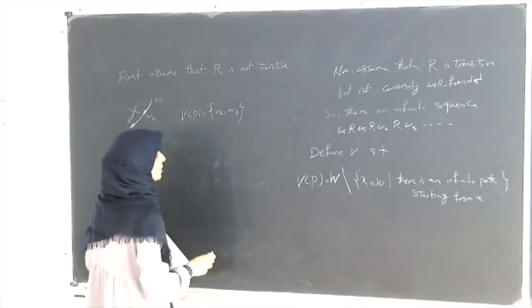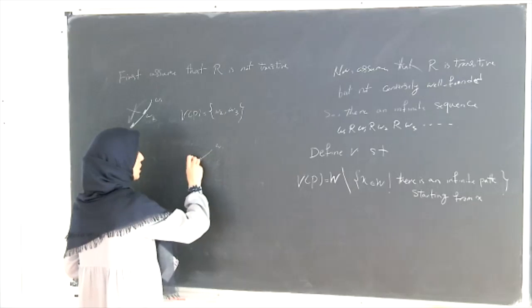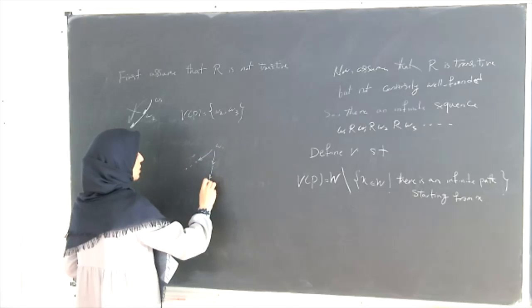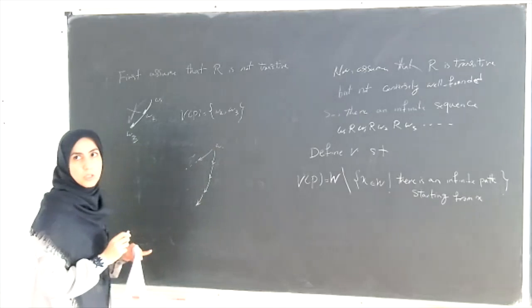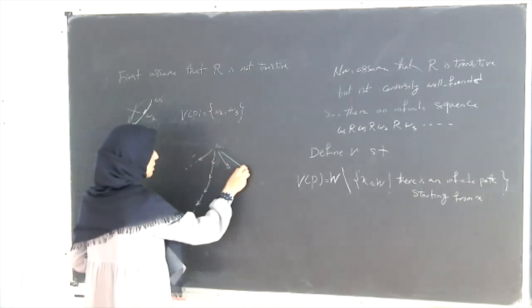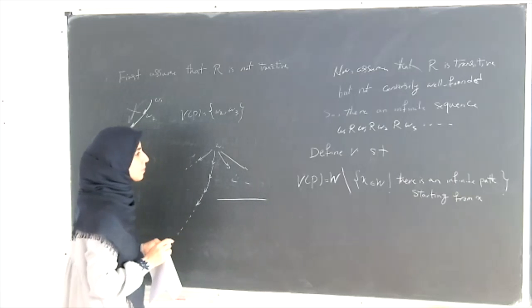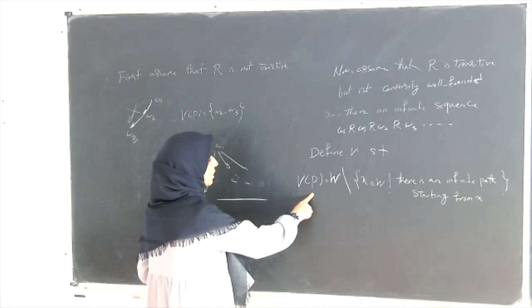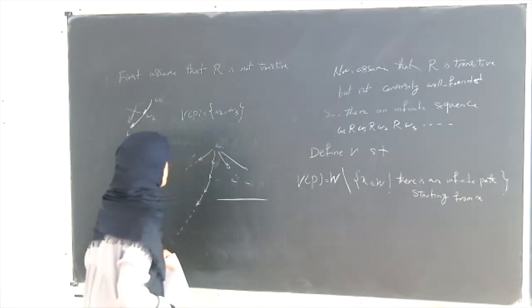So V is defined as follows. For example, we have point W0. It has some successors, but in at least one of the paths starting from W0, we have an infinite path. In the other ones, we may have finite or infinite paths. So we set P true in the set of all points where there is no infinite path from there.